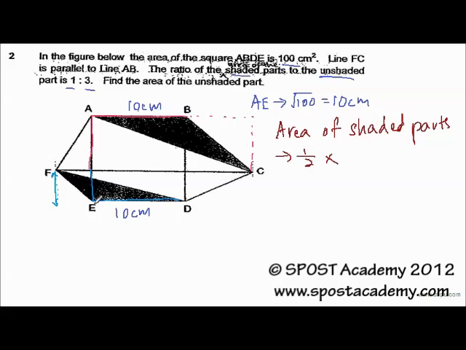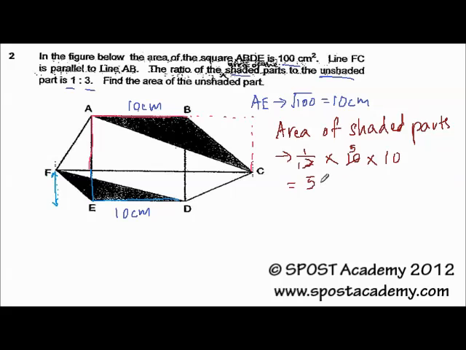Both of them have a common base, which is 10 cm, times their total combined height, which is also equivalent to 10 cm. So that's to say, this is divided by 2, I get 5 here.